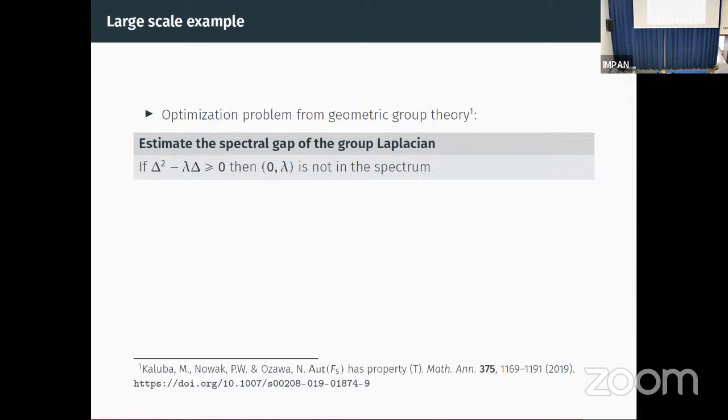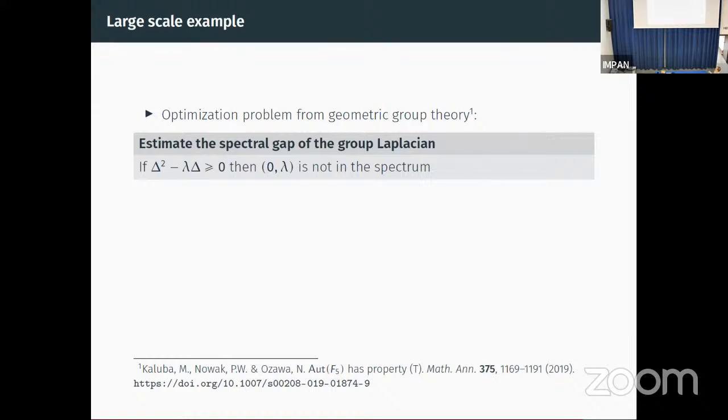Where is this problem coming from? The reason we started working on this comes from a problem in geometric group theory, when we want to estimate the spectral gap of a group Laplacian. And basically it translates to the following statement.